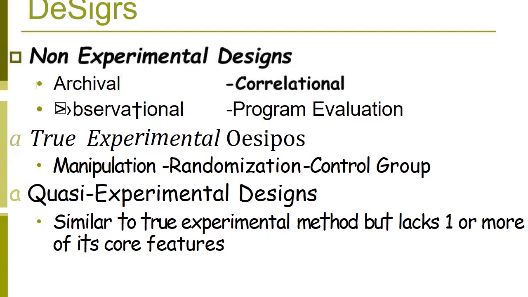Based on the available information, you just make some archival. Second is observational. This is non-experimental design. And correlational study is also under non-experimental design. And again, program evaluation. So archival, correlational, observational, program evaluation come under the non-experimental.